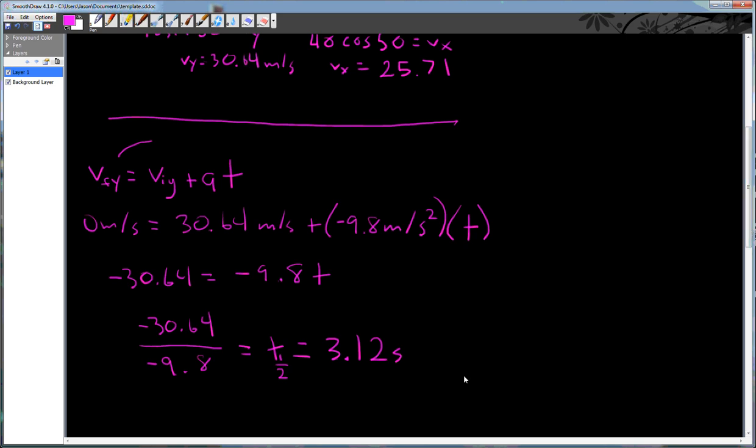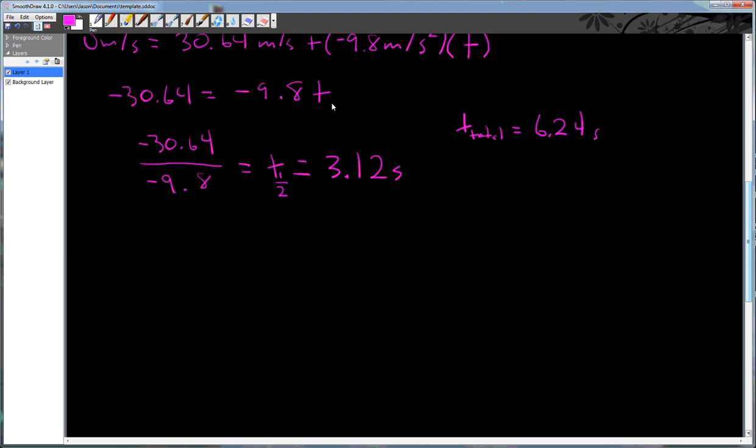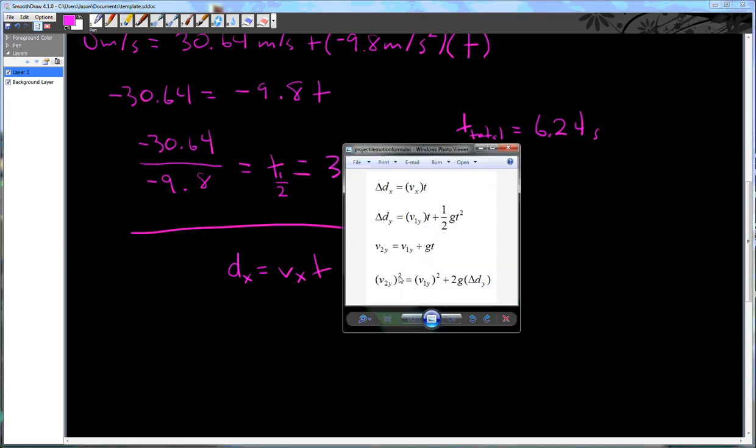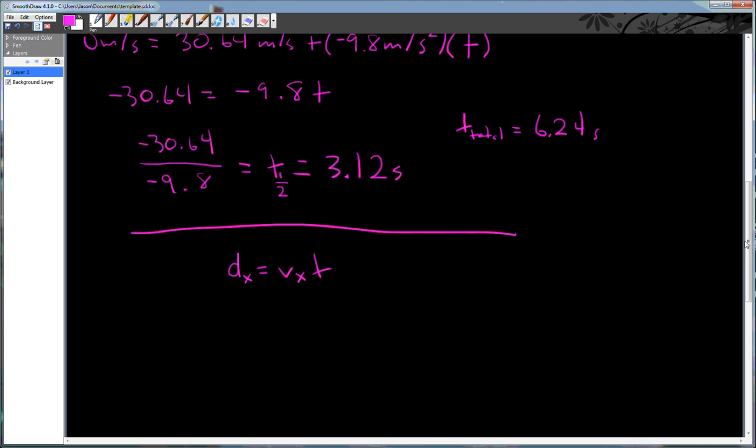If we double this, our t total will be 6.24 seconds. And again, we're going to use dx equals vx times t. Our dx we're solving for, so we do not know.